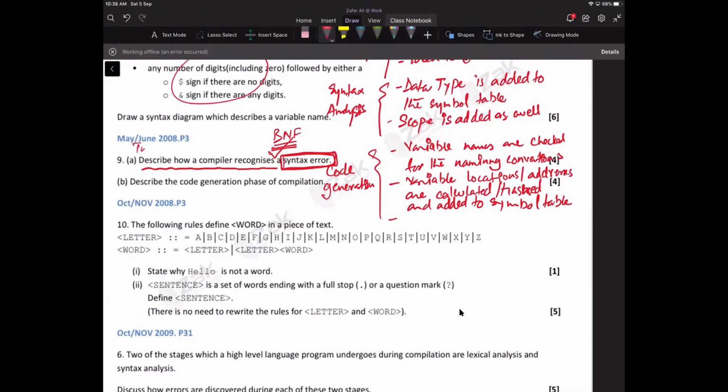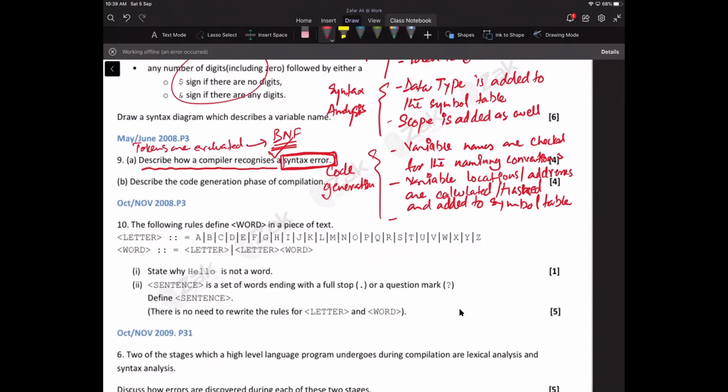Tokens are evaluated against BNF, and if they are found in the proper form, they are accepted, and if not, a syntax error is generated. Every single statement has to be in the form expected by the language.